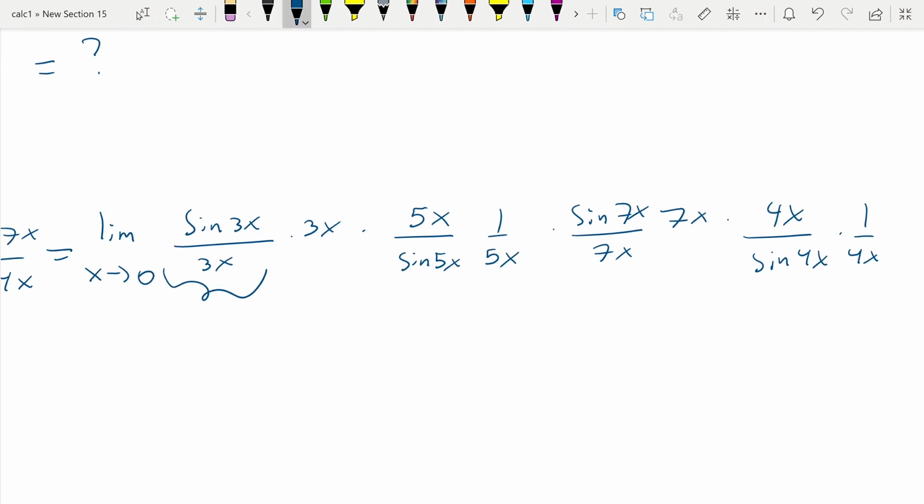So all these things here are going to go to 1, because either we have theta over sine theta, or sine of theta over theta, where theta goes to 0.